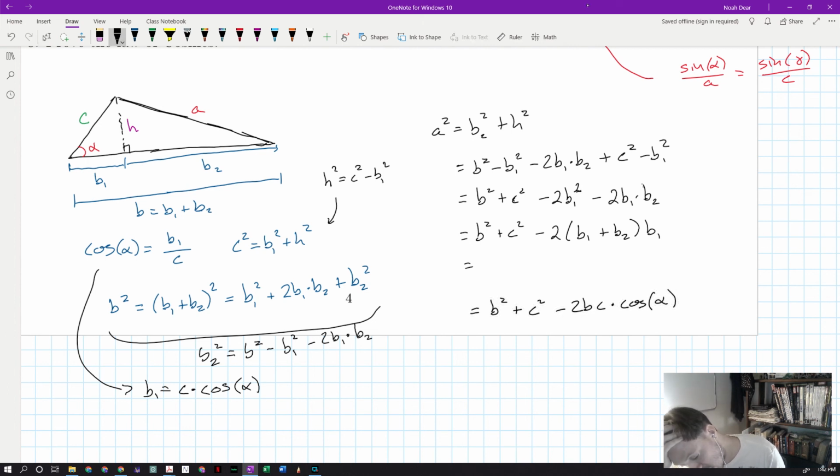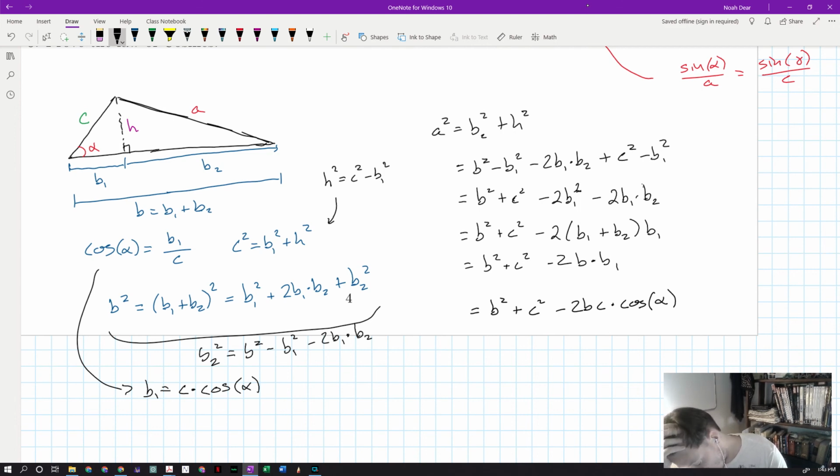So the B1 I factored out to the right, the minus 2 I factored out to the left. That left me a B1 in the first term and a B2 in the second term. And I know that B1 plus B2 is B. It's B squared plus C squared minus 2B times B1.